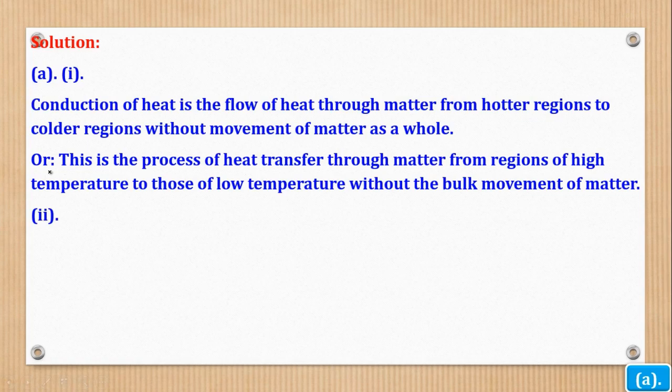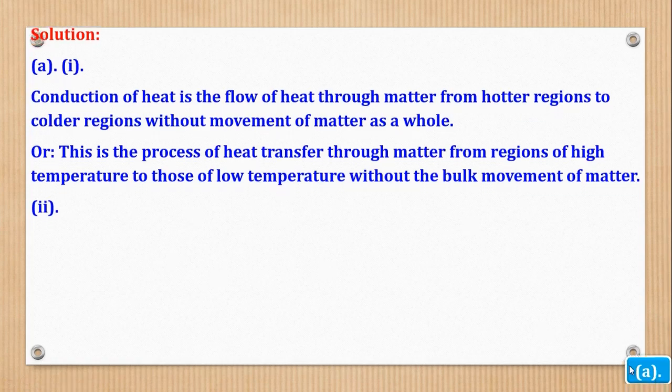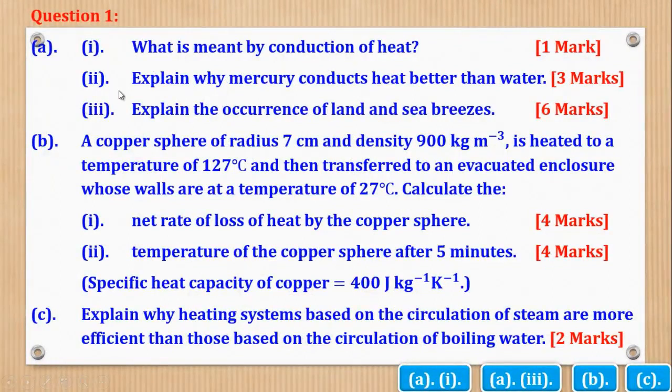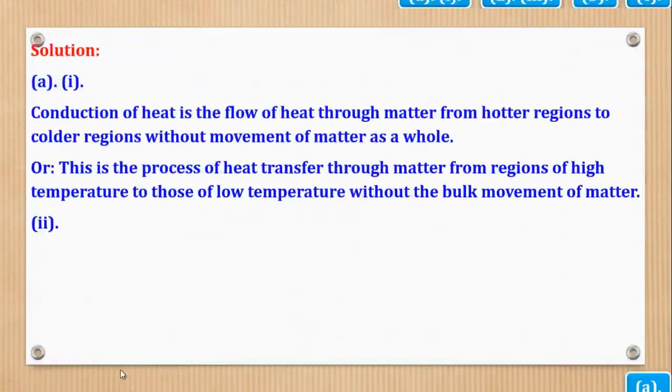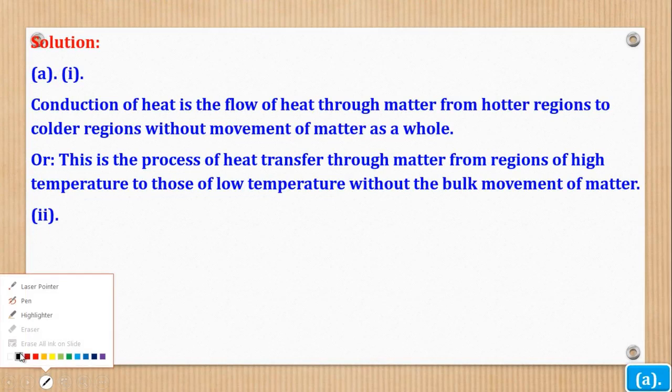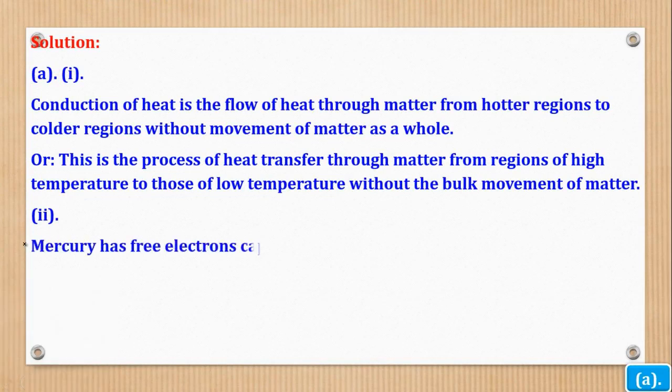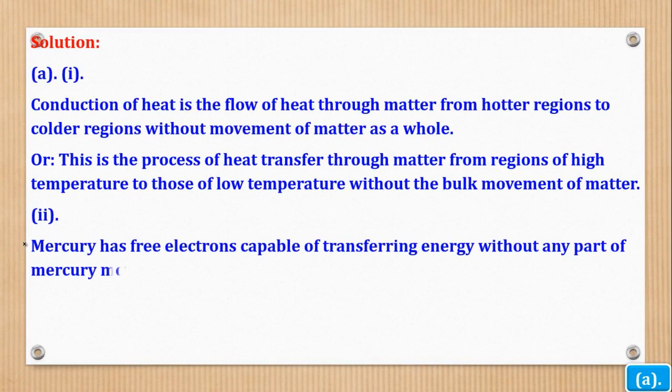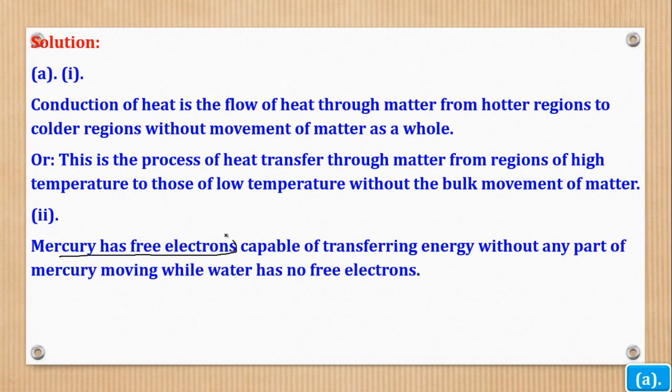Now let's go to Roman 2. Roman 2 says, explain why mercury conducts heat better than water. Here we shall first say that mercury has free electrons capable of transferring energy without any part of mercury moving, while water has no free electrons.